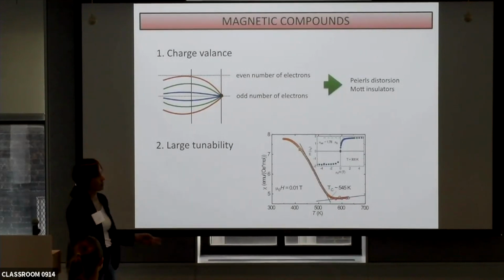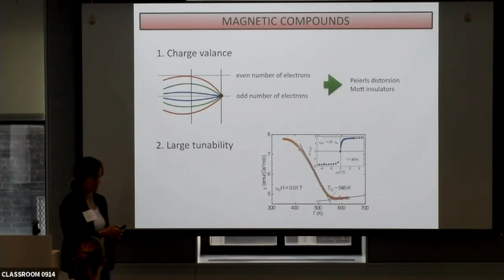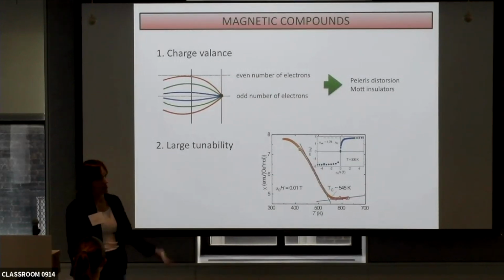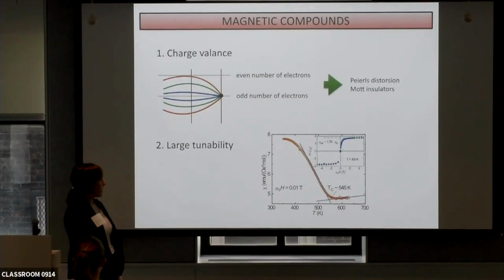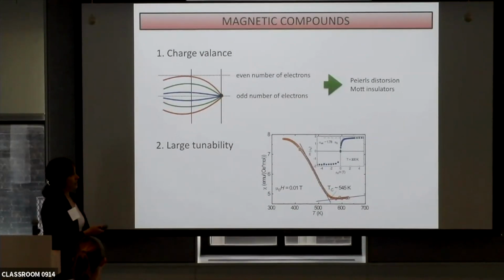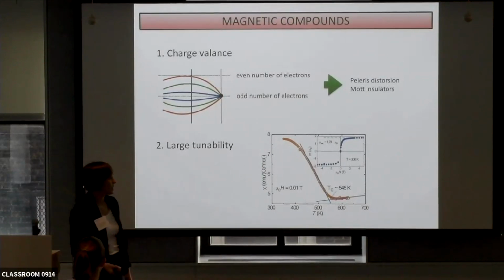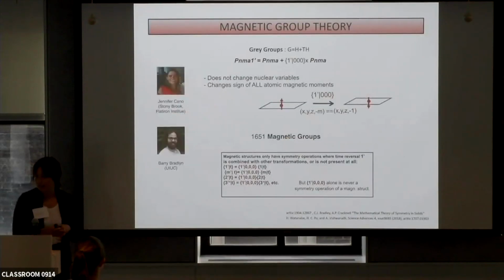And the second reason is that it's easier to analyze the symmetries of 200 space groups than when we deal with magnetic materials, which have to add a combination of time reversal and other symmetry operations, and we go up to 1600 groups. But magnetic semimetals are very interesting because the same material holds different phases, and we can tune these phases by changing the temperature or applying a magnetic field.